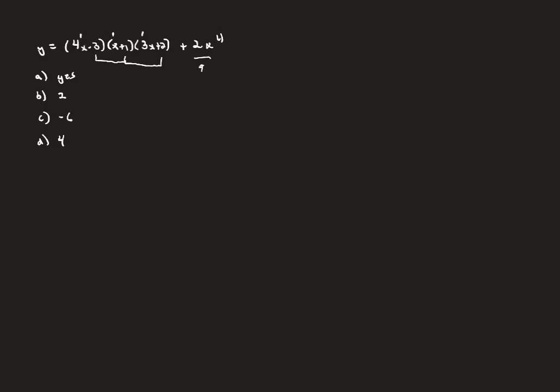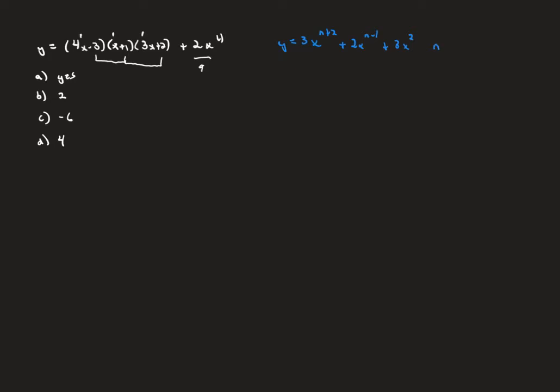Let's try another one. This is going to be a little more abstract. So we'll say y is equal to 3x to the n plus 2, plus 2x to the n minus 1, and plus 3x to the second.